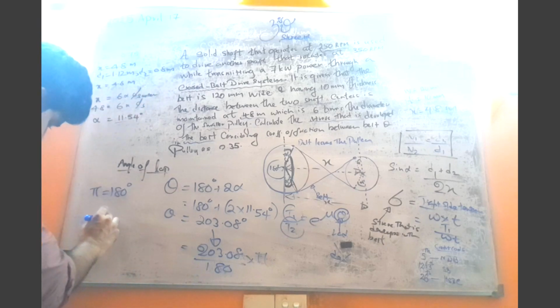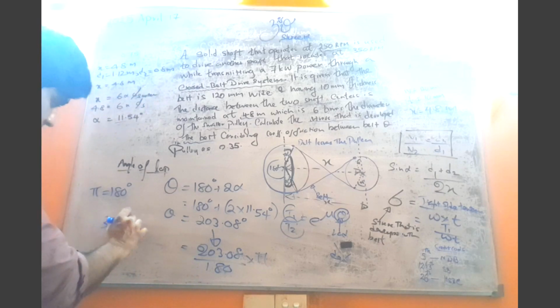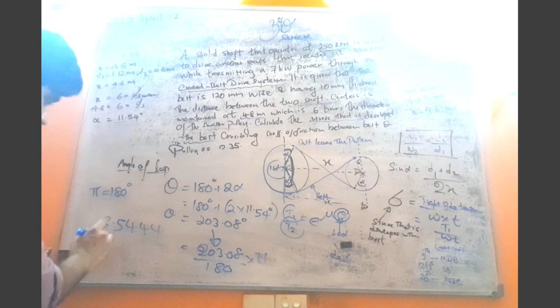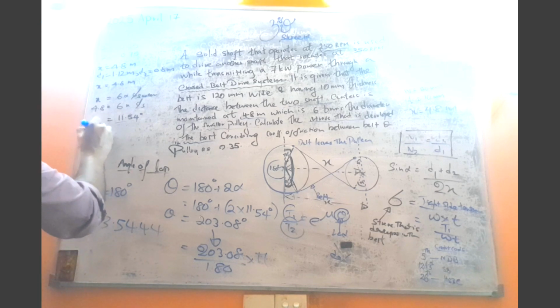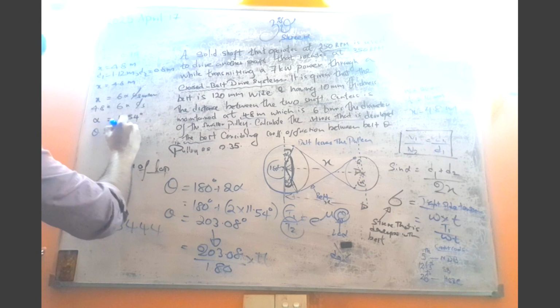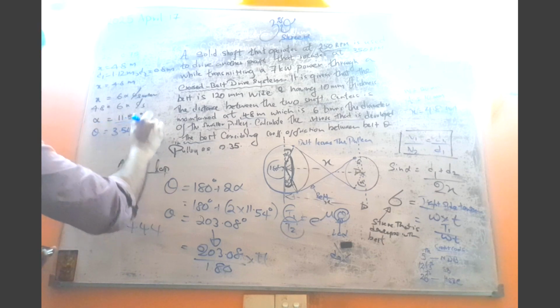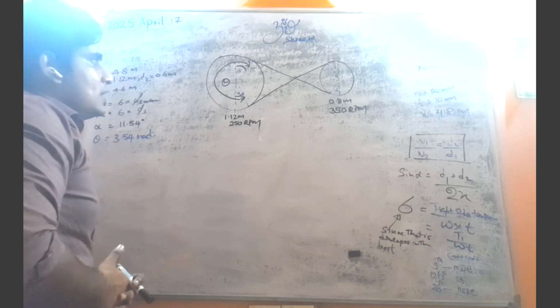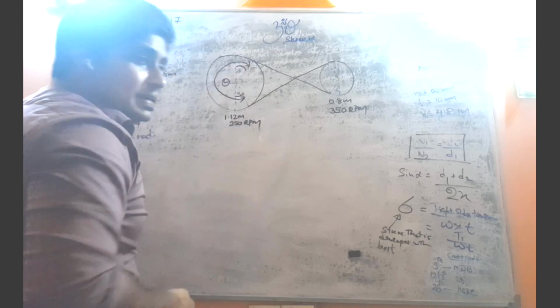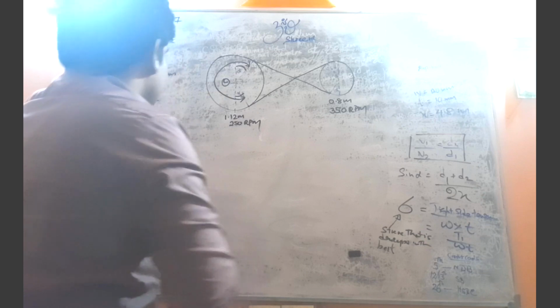I'll just write it here. 3.5444, like that. So better say theta equals 3.54 in radians, right? You are okay with the angle of lap, right?